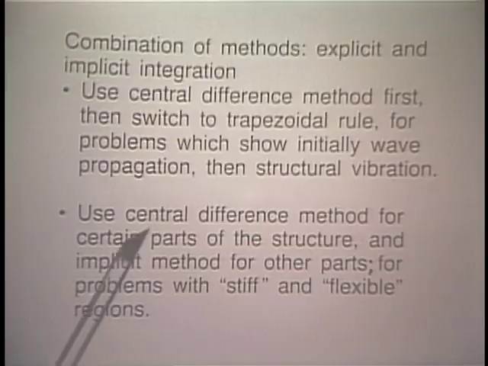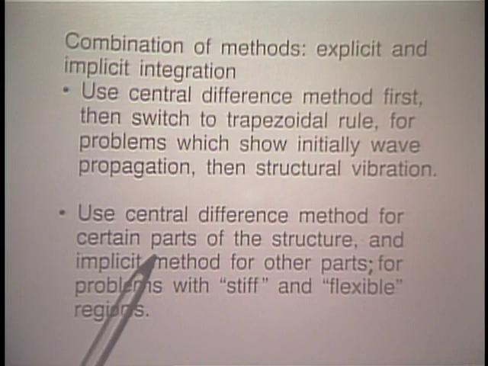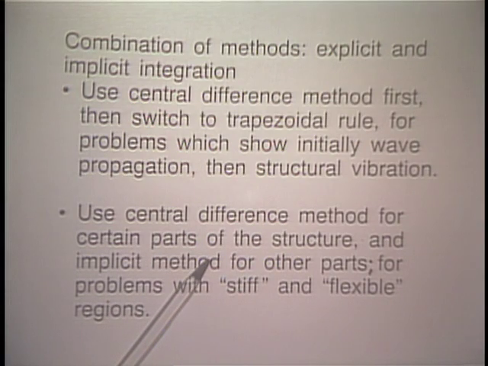Another kind of combination is quite effective when you have to analyze problems where you have very stiff regions and very flexible regions. For the flexible regions of the problem, you might want to use explicit time integration, and for the stiff region, you might want to use implicit time integration.